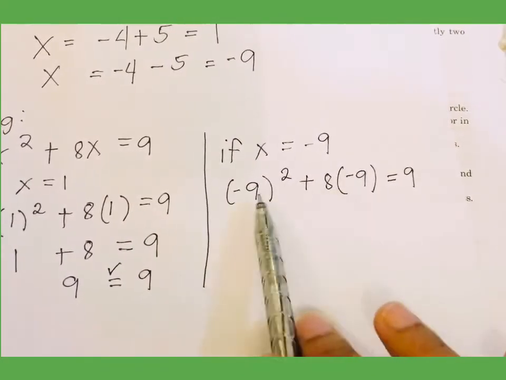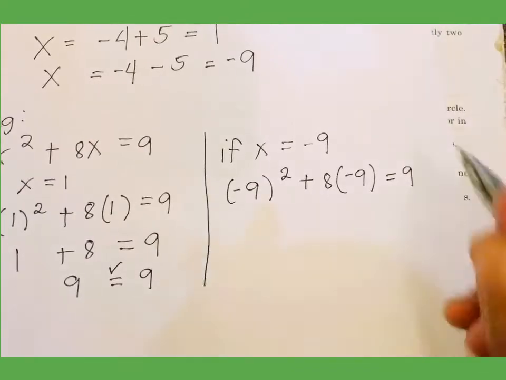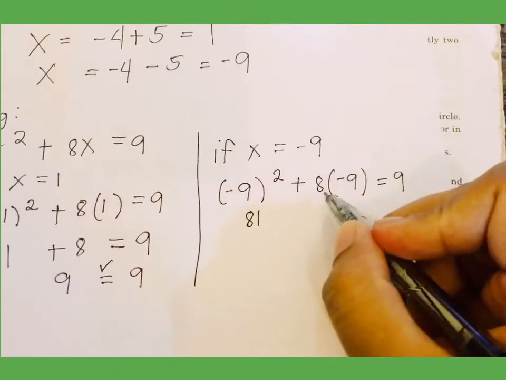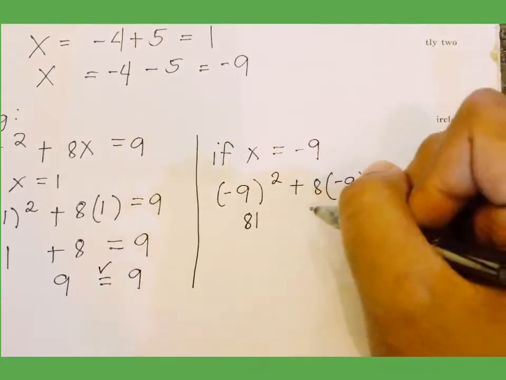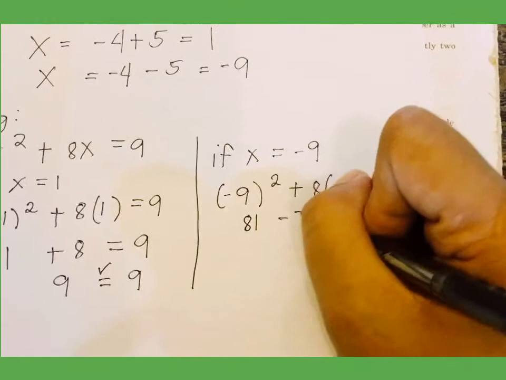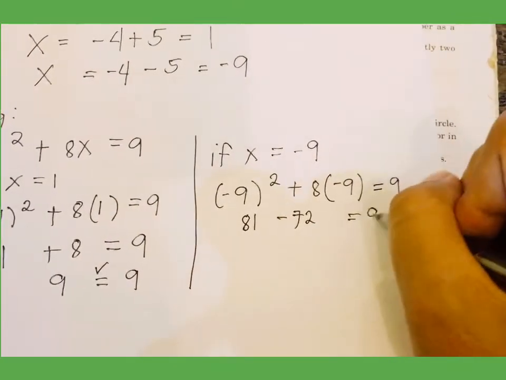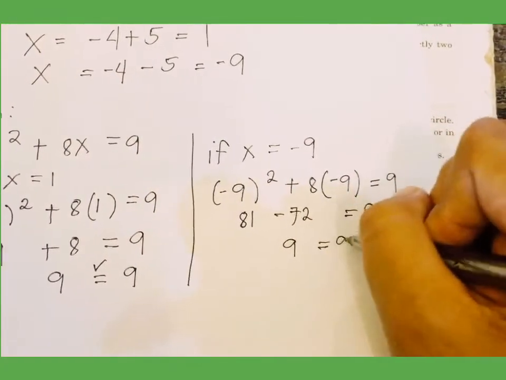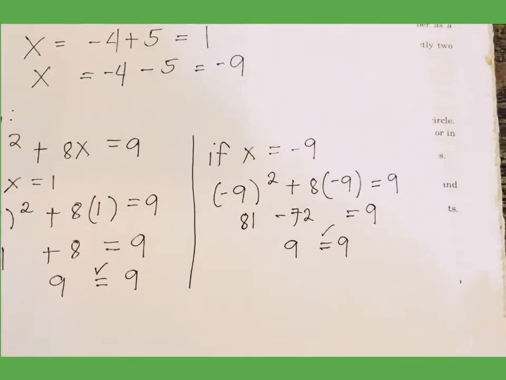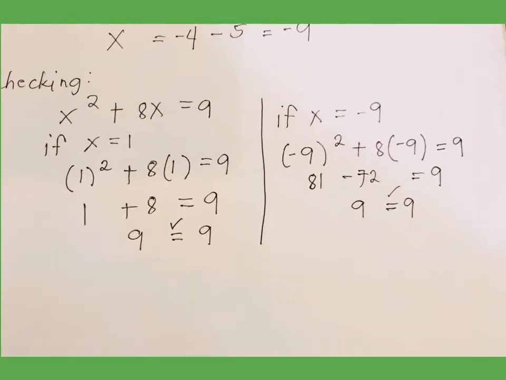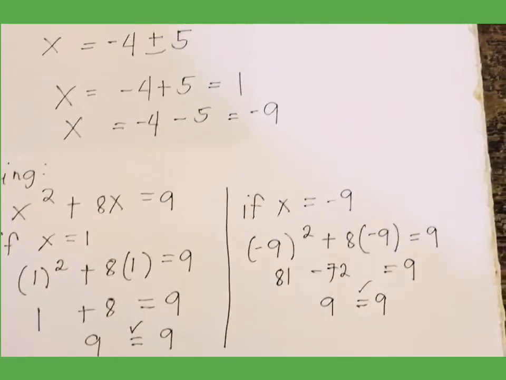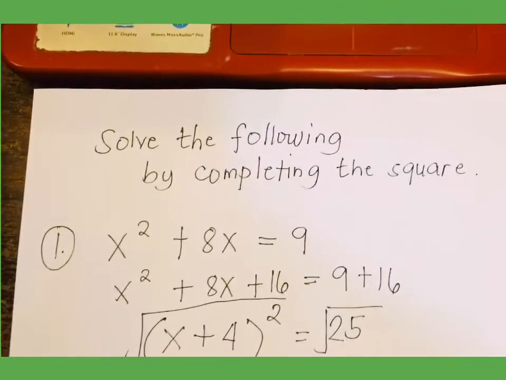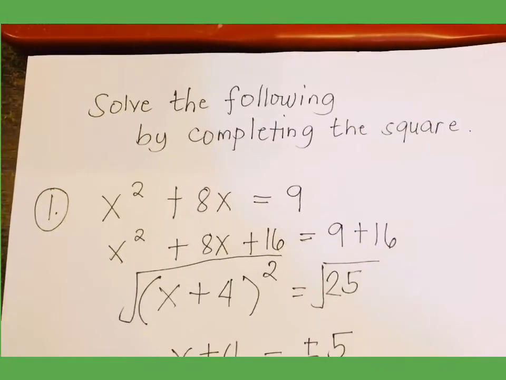These expressions here should be equal to 9. So (negative 9) squared is 81. Then 8 times negative 9 is negative 72. 81 minus 72 is 9. Therefore, 9 is equal to 9. That's correct. So, 1 and negative 9 are the solutions to this equation x squared plus 8x equals 9.